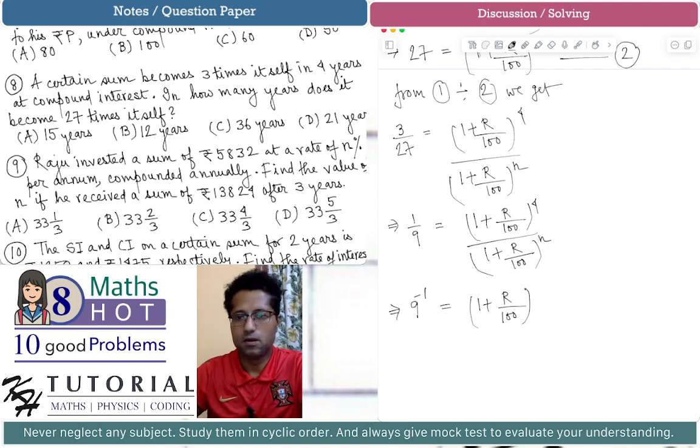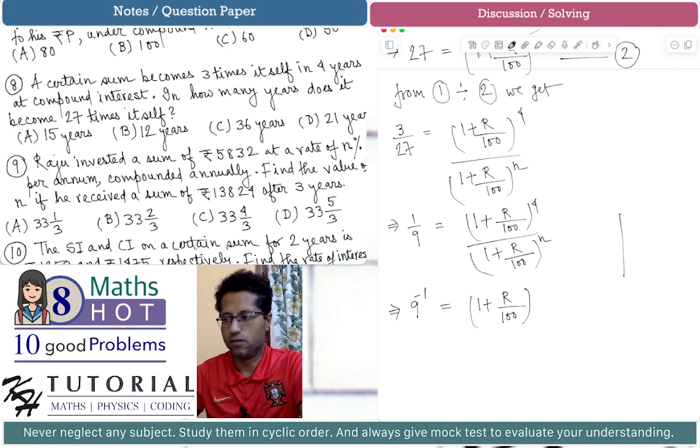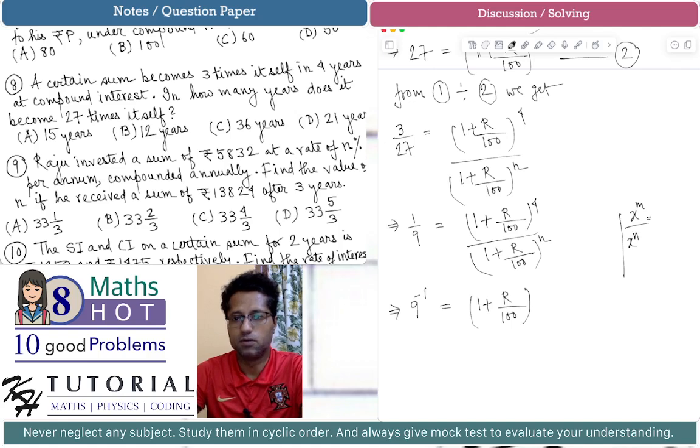I hope you know from the chapter of exponents, you must be familiar with the laws of exponents, that x^m divided by x^n is equal to x^(m-n). I am applying this concept. So the right hand side becomes (1 + r/100)^(4-n).